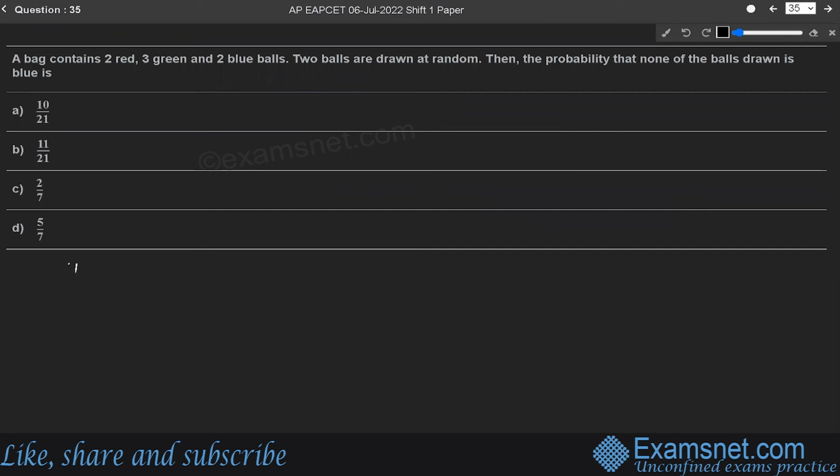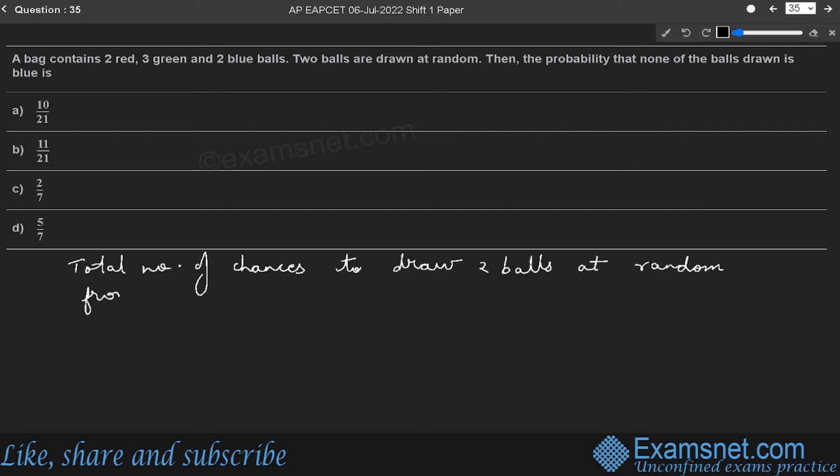We know that total number of chances to draw 2 balls at random from 7 balls will be n of S is equal to 7c2, which is 7 factorial upon 2 factorial into 7 minus 2, which is 5 factorial.